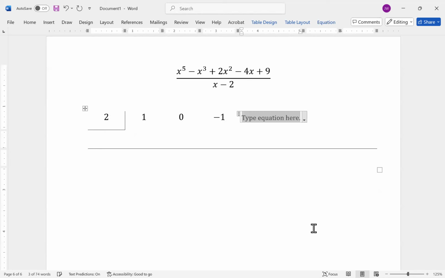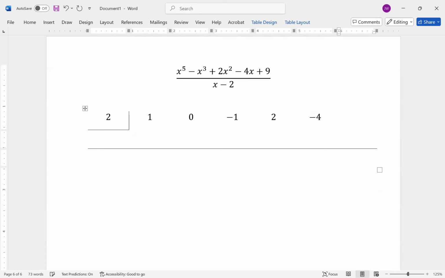Coefficient of x squared is a 2. Coefficient of x is a -4. And my constant number is a 9. So the key thing there is because we have no x to the 4th term, we put a 0 as a placeholder. That's important if we want to do synthetic division. We have to have that placeholder there.